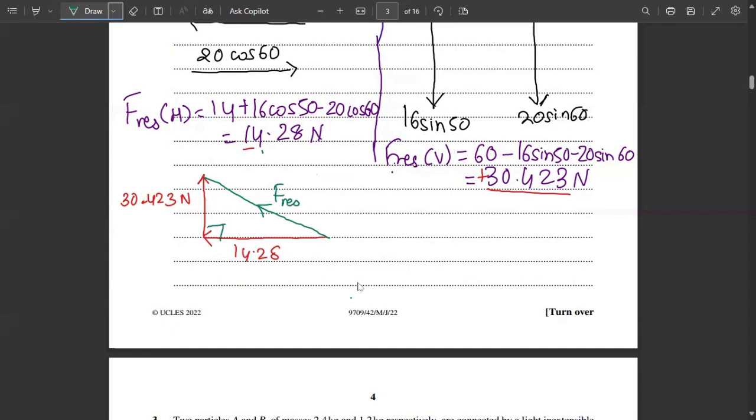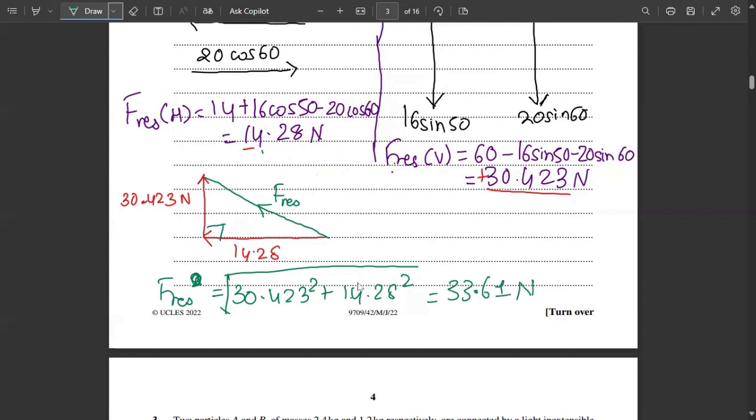So we can simply use Pythagoras theorem. Resultant force square is equal to 30.423 square plus 14.28 square. Now this square will cancel out, it will become root here. Putting this entire thing in the calculator, root of 30.423 square plus 14.28 square will give me 33.61 Newton.